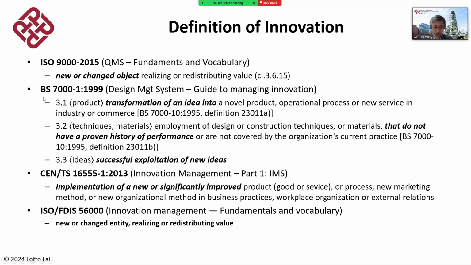The previous British standard, BS 7000, has a three-part definition. For product, it is the transformation of an idea into a real product, operation process, or a new service in industry or commerce.